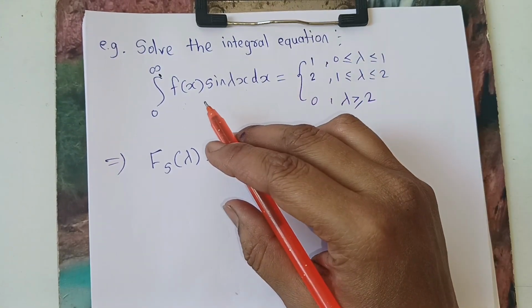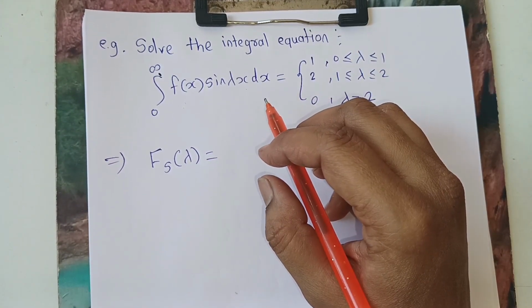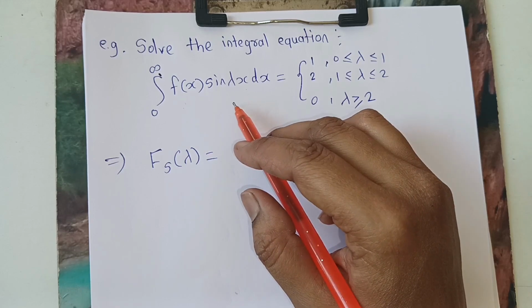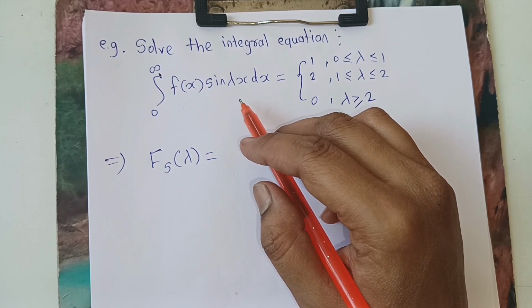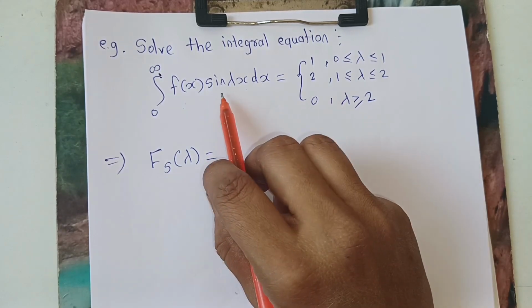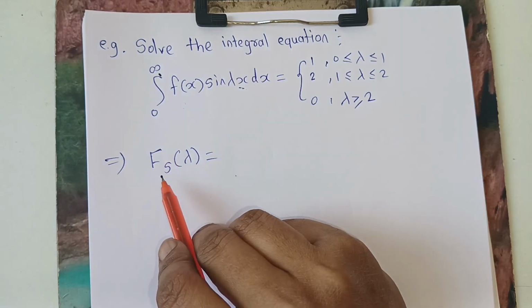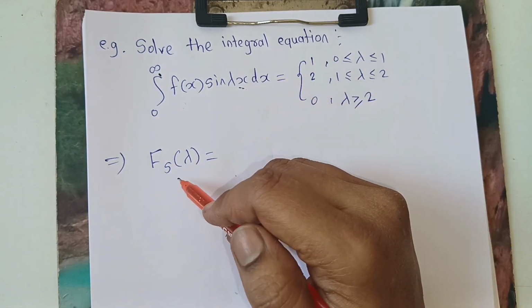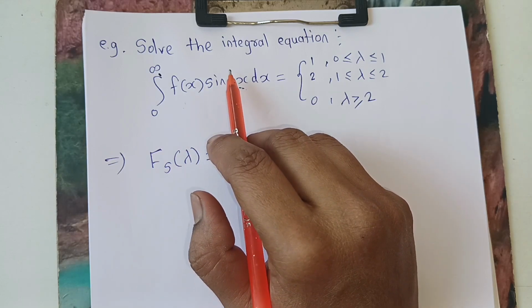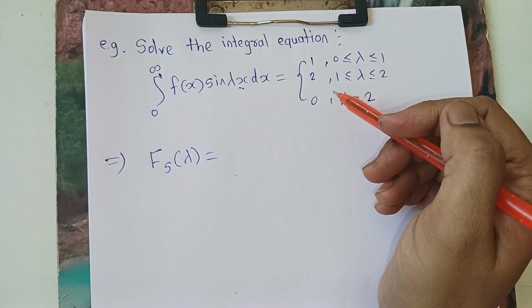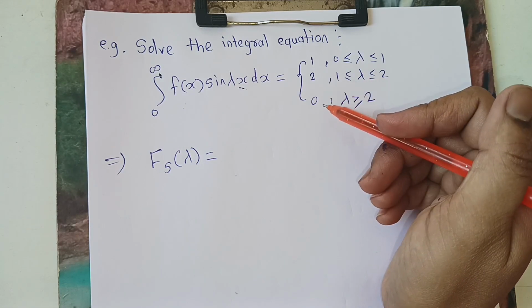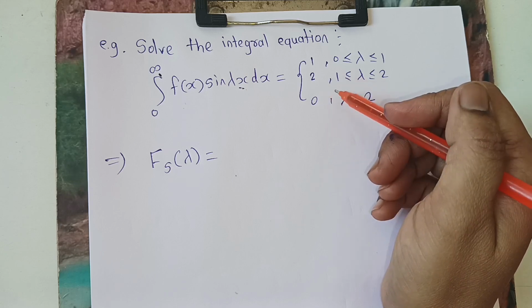It depends on the left hand side you have. If the left hand side is f of x sine lambda x, then it is fs of lambda. If you have f of x into cos lambda x, then the right hand side will be fc of lambda. If e raised to minus i lambda x is given, then it is f of lambda, that is the Fourier transform, on the right hand side.